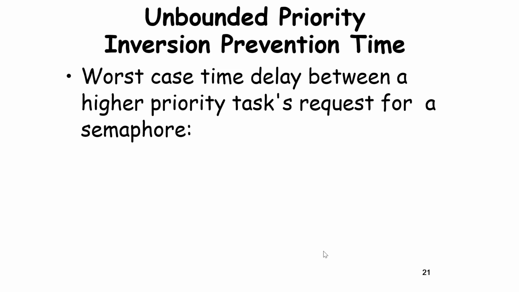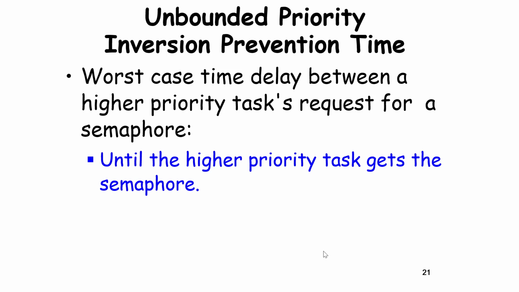Then unbounded priority inversion prevention time is the worst case time delay between a high priority task's request for a semaphore and it actually getting it. So what will happen is that you could have unbounded priority inversion, as we have seen, where multiple low priority tasks keep on executing because there is no priority inheritance.